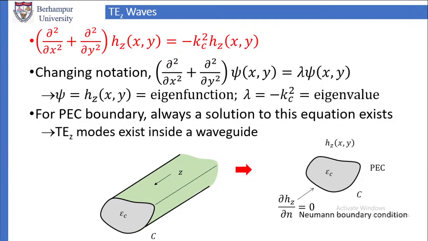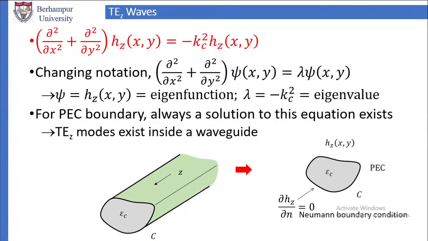Now let us change the notations. Instead of hz, let us write psi(x,y). Instead of small hz(x,y), let us write psi(x,y). Similarly, instead of minus k square c, let us write lambda. Then this equation becomes (∂²/∂x² + ∂²/∂y²) operating on psi(x,y) is equal to lambda into psi(x,y).